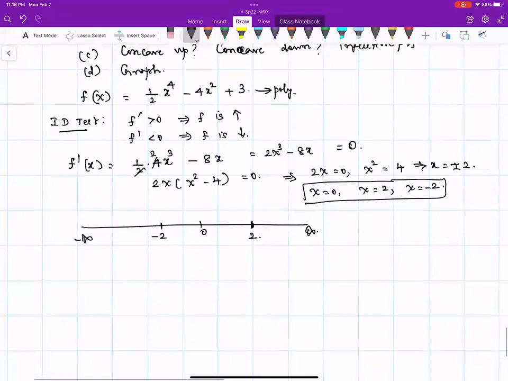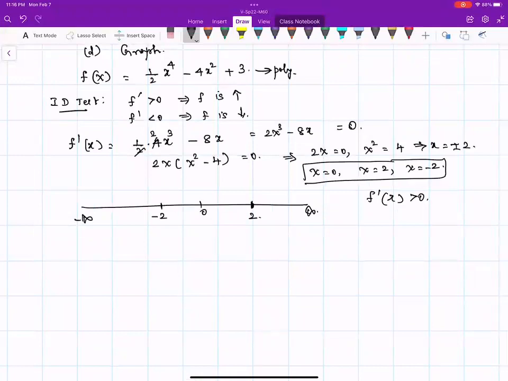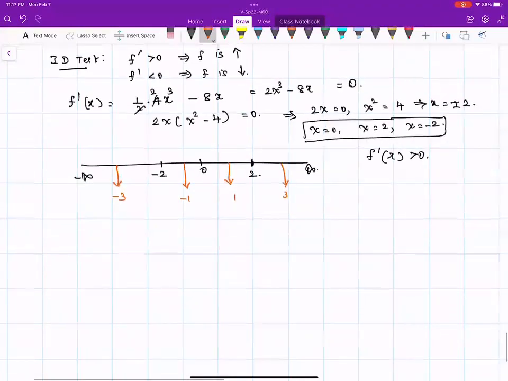We are checking in which interval f prime of x would be positive. So let's take a test point here, say negative 3, a test point here, say negative 1, a test point here, positive 1, and a test point here, positive 3.